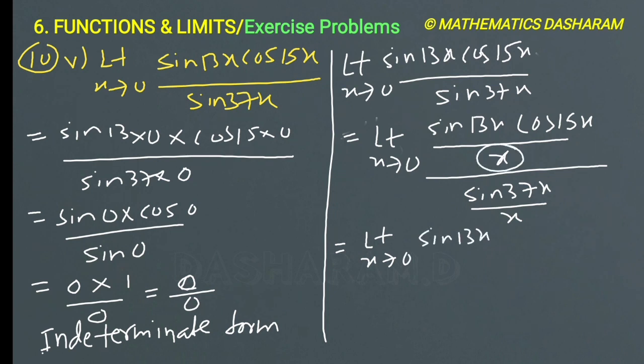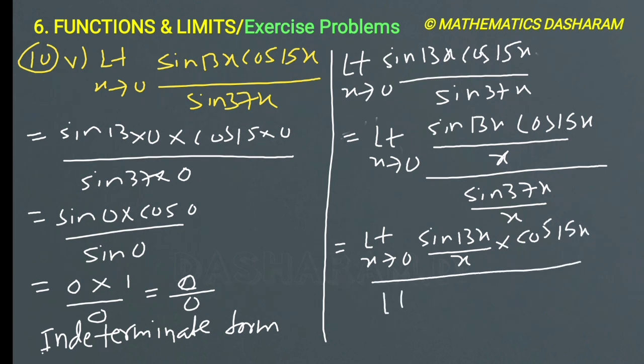Here this x I am using for sin 13x only, because it is a product, we have to use x only once. And cos 15x we write separately, divided by limit x tends to 0 sin 37x by x.